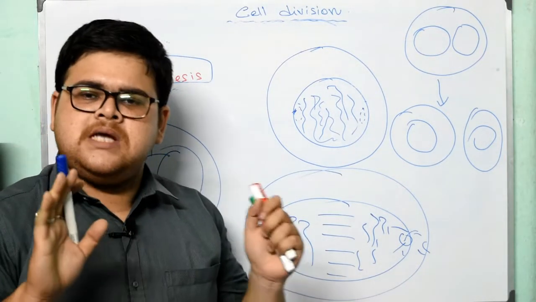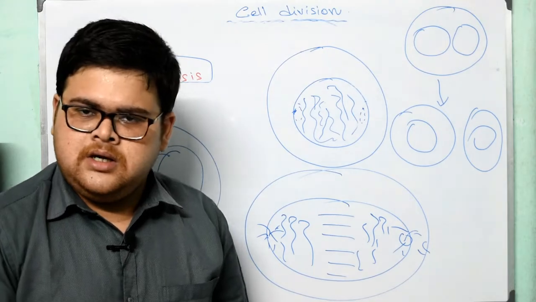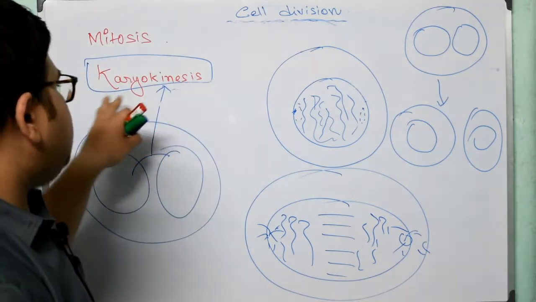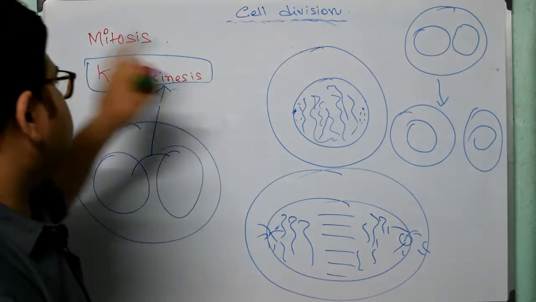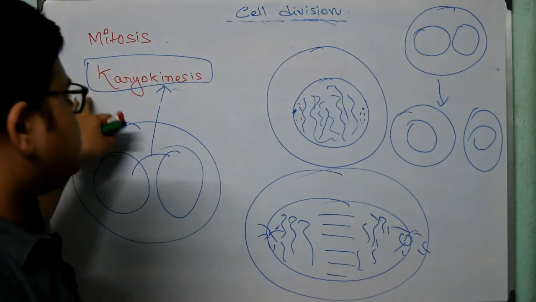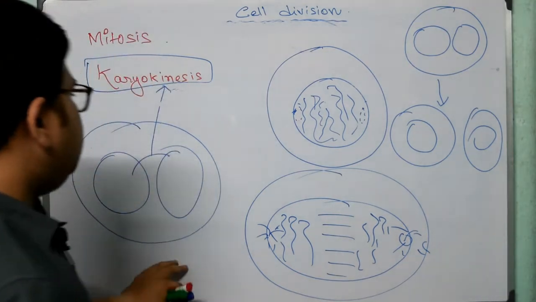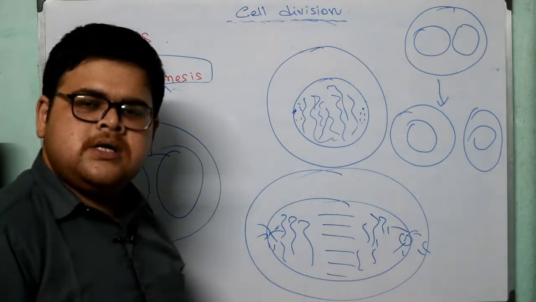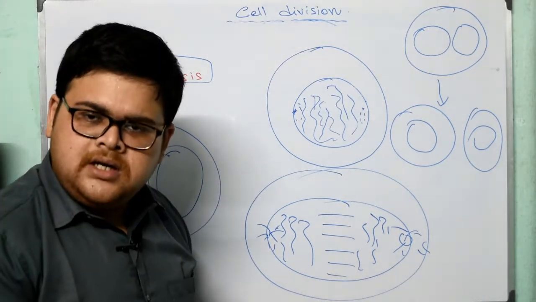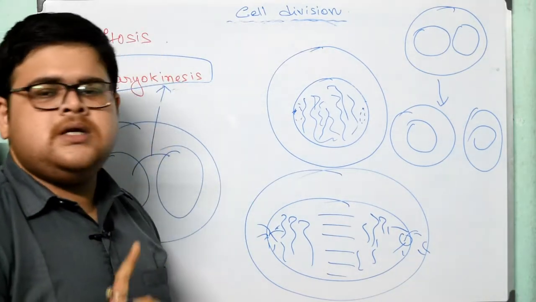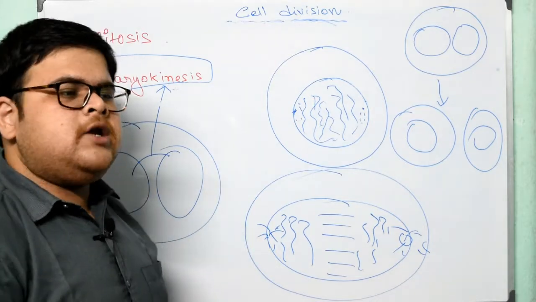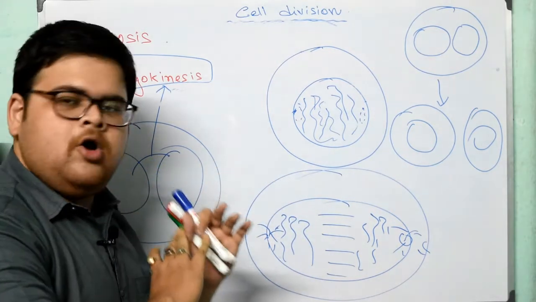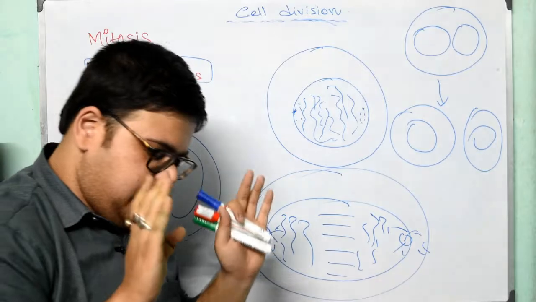Now this is under mitosis. Karyokinesis is the division of the nucleus and nuclear material, and cytokinesis is the division of the cytoplasm including all the cell organelles. Okay, am I clear up to this?